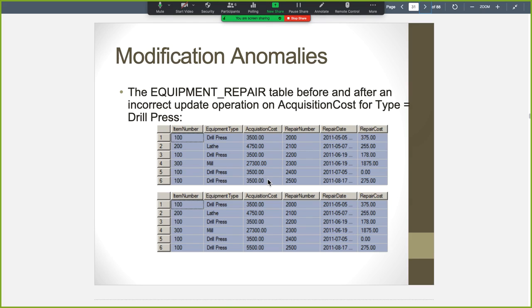So I buy the same equipment. If they are the same item number, same model, it should be the same cost, right? And they were purchased about the same time, 2011 something, if you look at the data later. But if you look at the table at the bottom of the slide, you notice one thing. In row number 6 on your lower table here, the acquisition cost for drill press becomes 5,500, right?